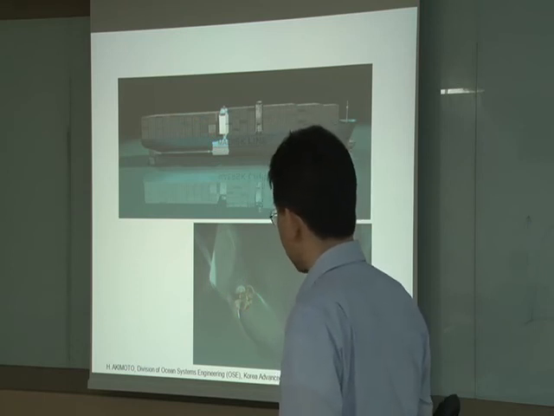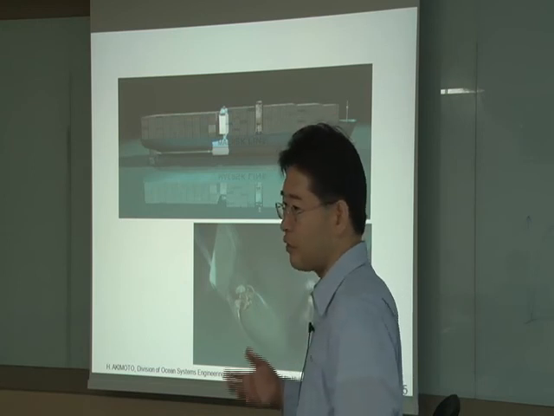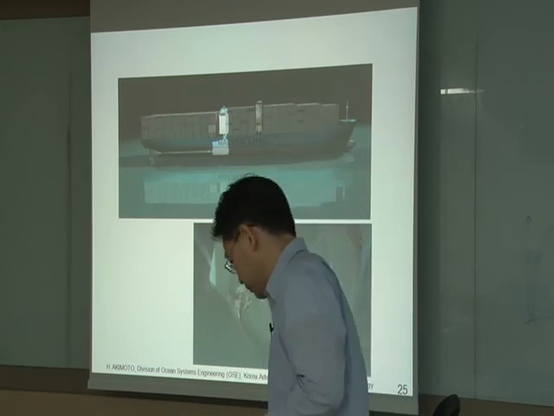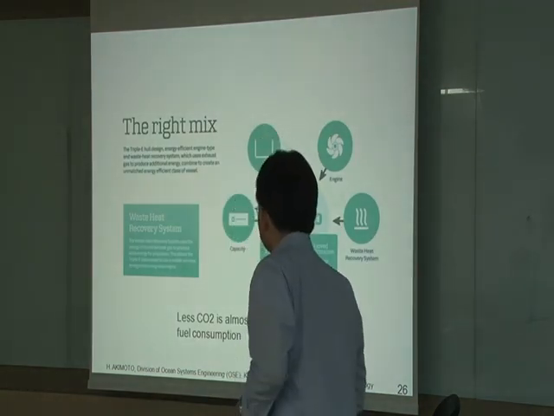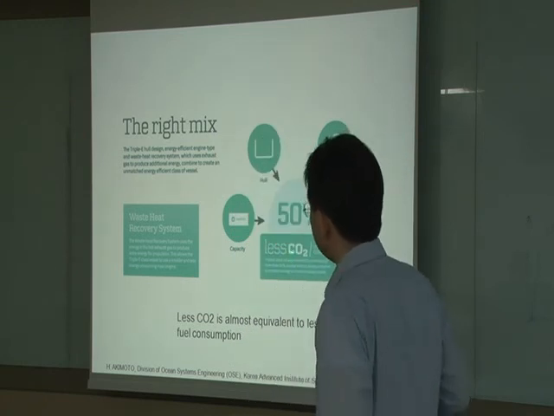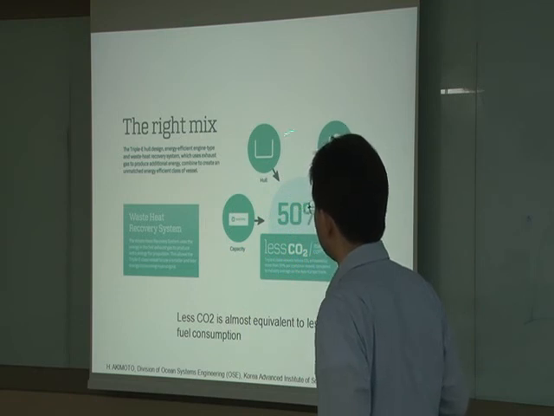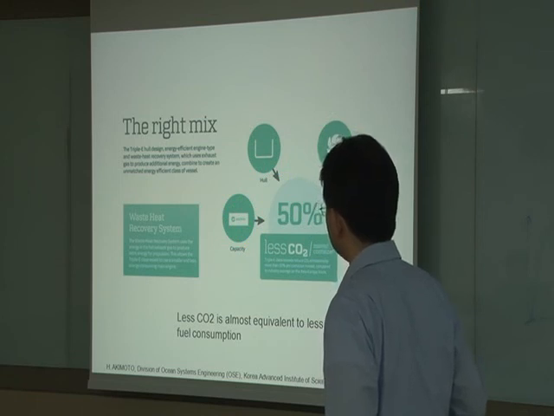Because in this size, I think no shipbuilding company can provide single propeller propulsion. I think it says it will reduce CO2 emission by 50% through the increased capacity, new hull design, engine and propeller system, and waste heat recovery system.